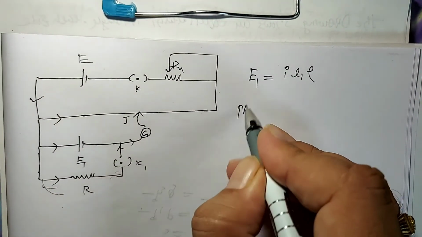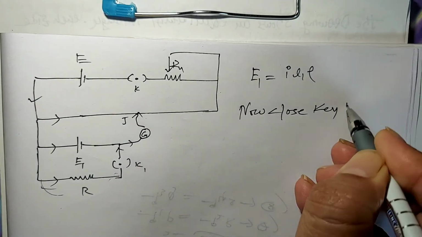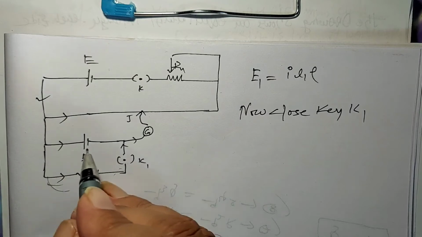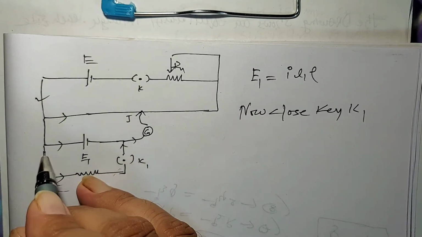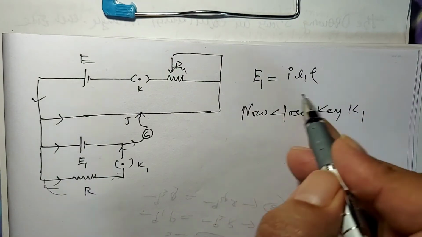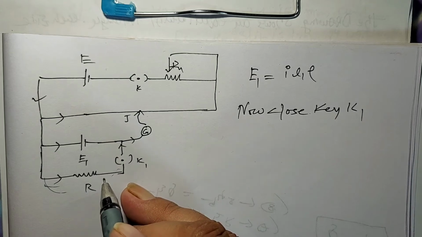Now close key K1. So what happens here is that this circuit becomes a closed circuit. In the previous case, this circuit was an open circuit.